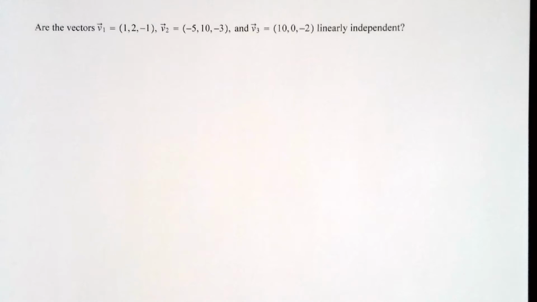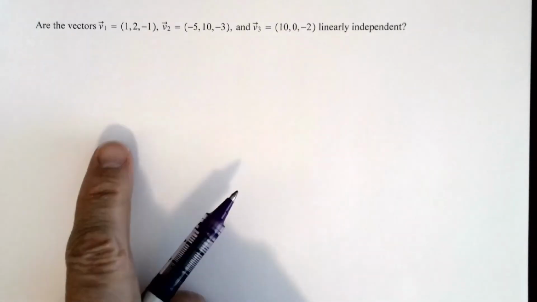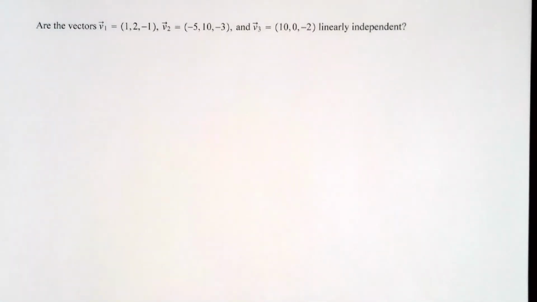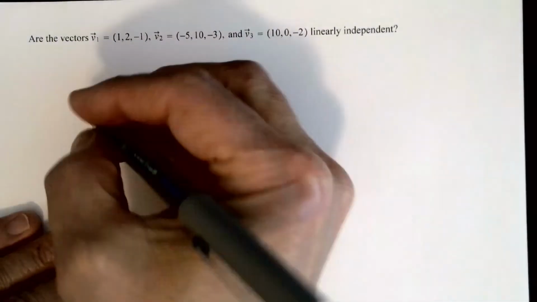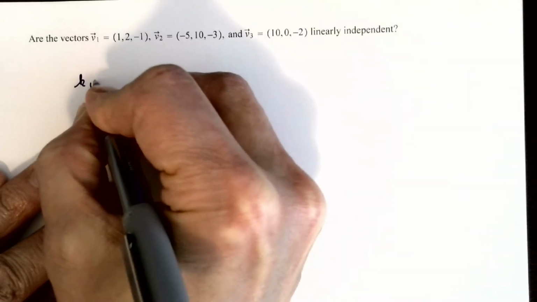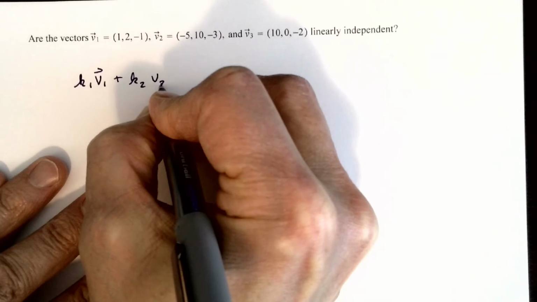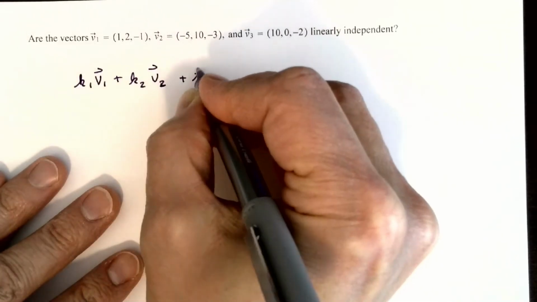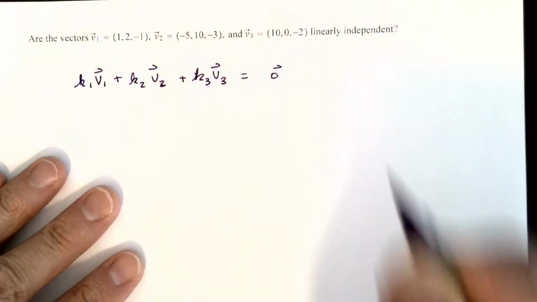Now, if you can immediately see a way to write one of these vectors in terms of the other two, then you would know that they're linearly dependent. But that's a hard proposition to think about. So what are we going to do? We're going to take a linear combination of these three vectors and set it equal to the zero vector.